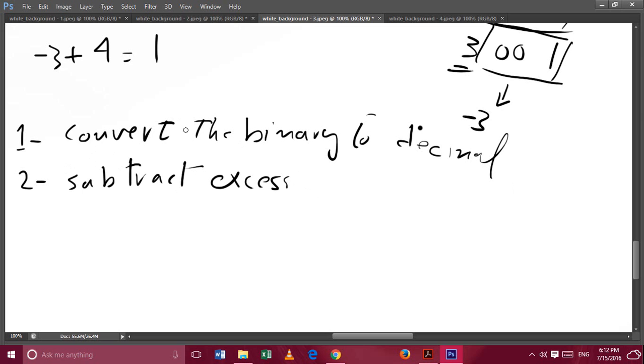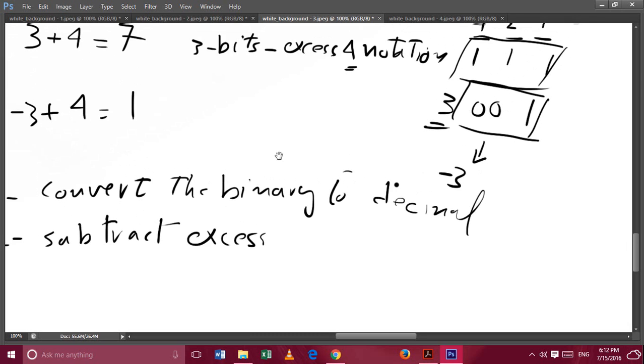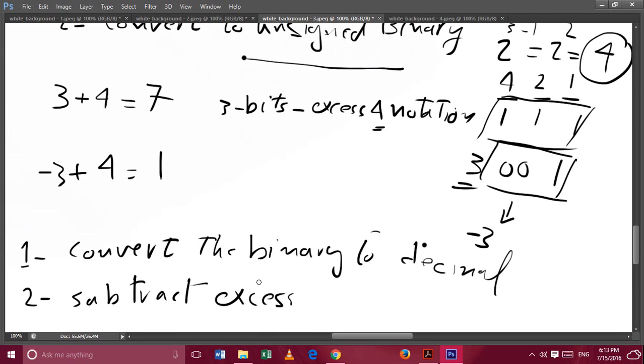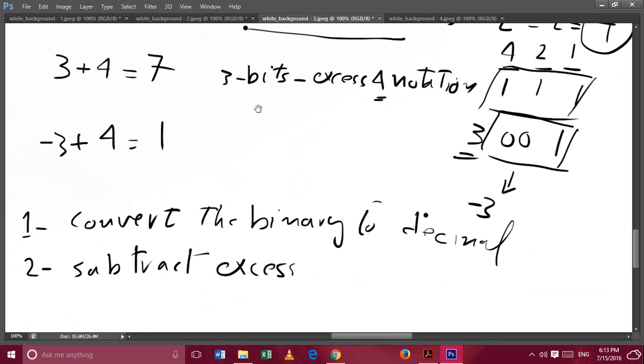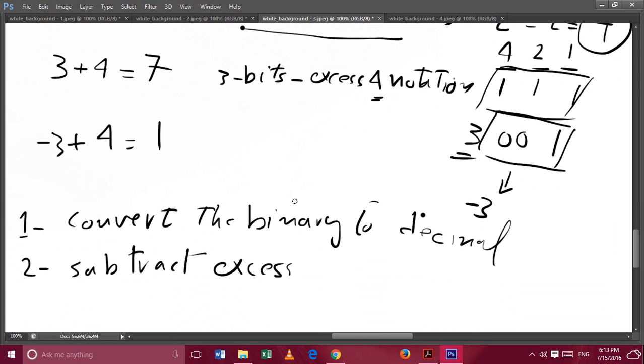So, which, by the way, if you compare, you will see this algorithm here is the opposite of this algorithm. If you need to pause the screen and read them slowly, you will see it's the exact opposite. So here you convert the binary to decimal, and then you subtract the excess.